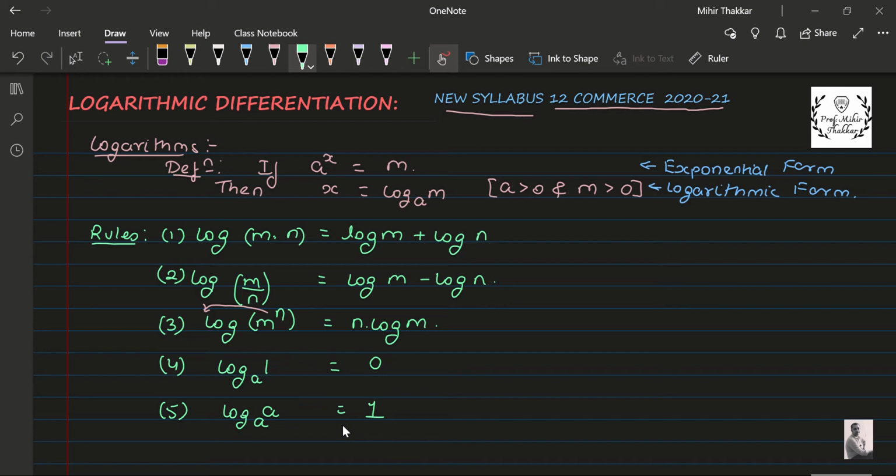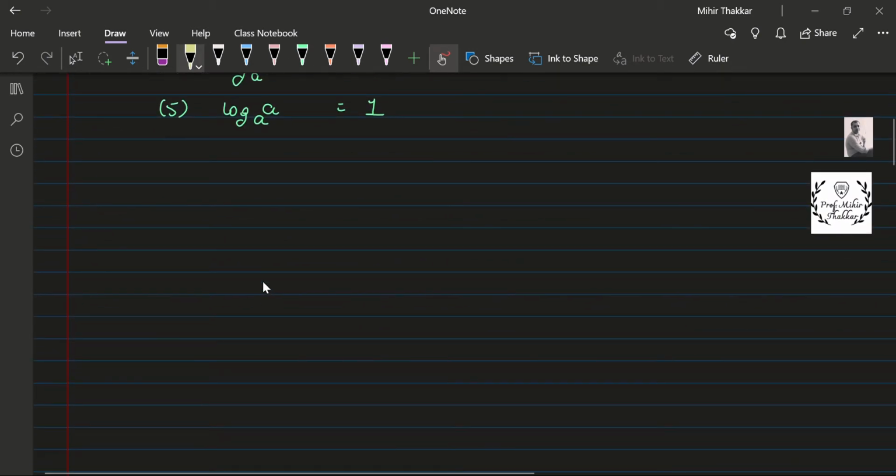So let us first of all see what are the conditions in which we have to apply logarithmic differentiation. There are two conditions in which we have to apply logarithmic differentiation, guys.